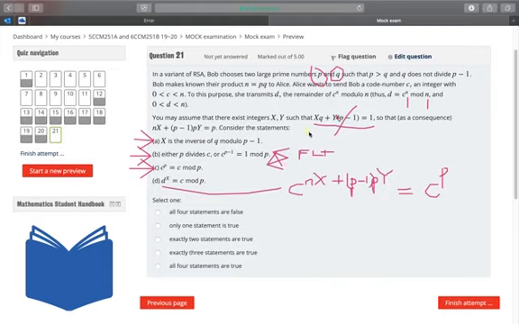Now, we have to worry about whether p divides c. Well, if p divides c, then d will be 0 mod p, and c will be 0 mod p. So that d is satisfied in that situation.